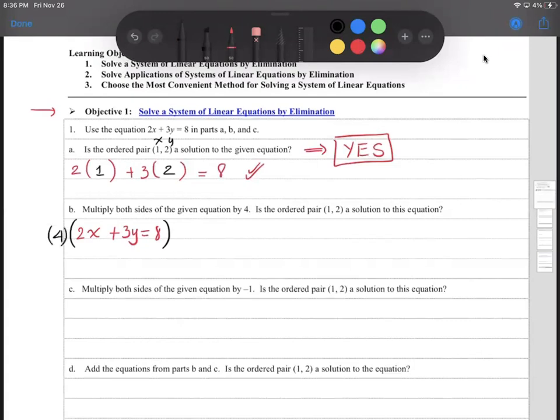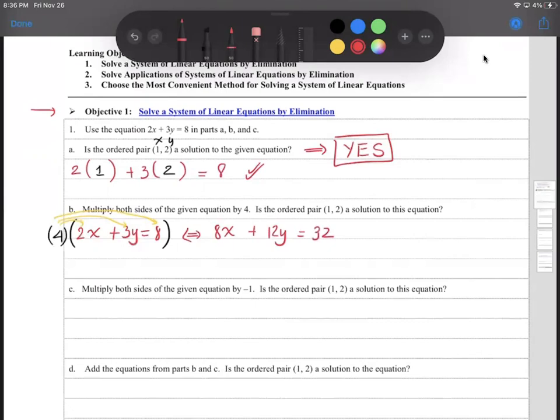That means you distribute the 4 into each of the terms. So now I have my new equation, which is 8x plus 12y equals 4 times 8, which is 32.